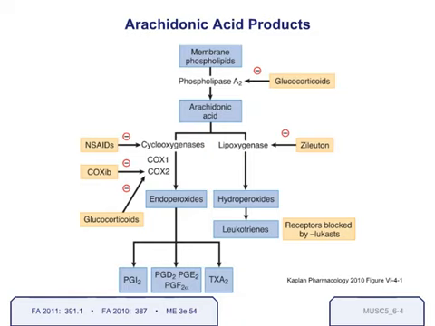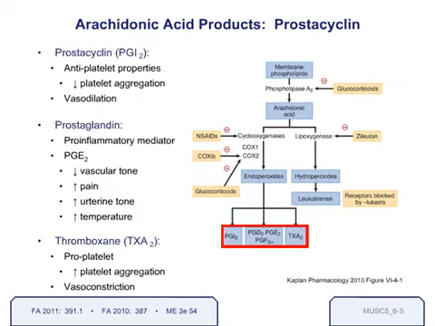The first possible molecule that can be produced by COX-1 and COX-2 would be prostacyclin, also known as PGI2. Prostacyclin has antiplatelet properties, so it's antithrombotic: it decreases platelet aggregation and causes some vasodilation. So think of it as an antiplatelet inflammatory mediator.